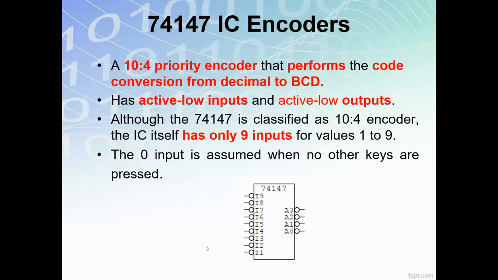Okay, so this is an example of the IC for encoders that perform the code conversion from the decimal to BCD. So decimal to BCD convert dia pakai 10 to 4 priority encoder. So maknanya the active low input and the active low output. Okay, so the circuit serial number dia adalah 7147, which is classified as a 10 to 4 encoder, where the IC itself has only 9 inputs for the values 1 to 9.